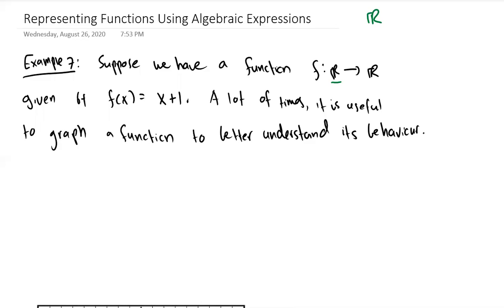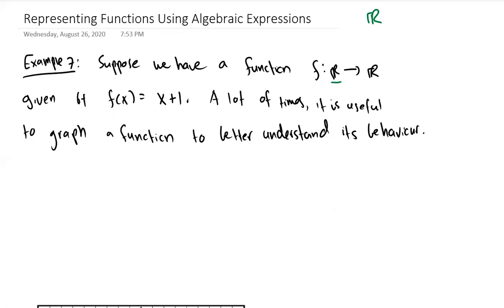Now, let me say a couple things. A lot of times, it is useful to graph a function to better understand its behavior. Right? So what's a graph of a function? It's basically a visual depiction of what the function looks like. Now, what this graph is depicting is actually all of the ordered pairs in the function. Remember that we can represent the function as a set of ordered pairs, where the first coordinates are the inputs, and the second coordinates are the corresponding outputs.